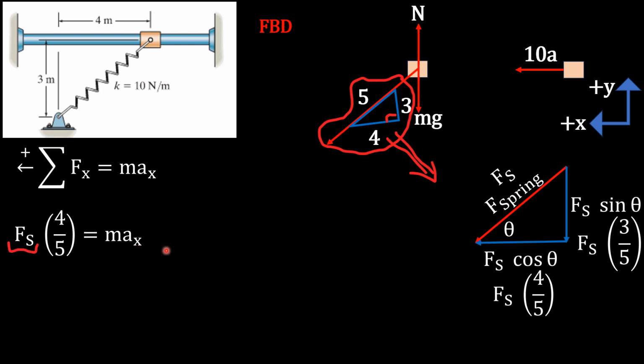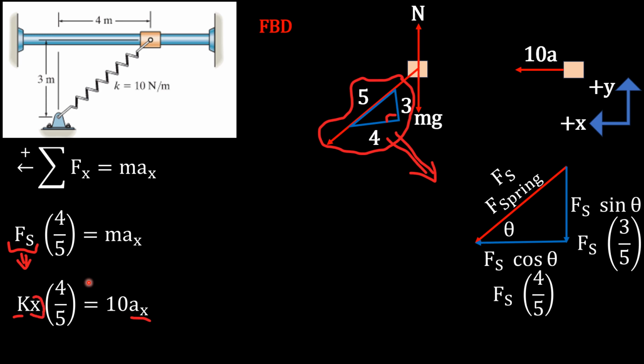Now, the force of the spring, from Hooke's law, is the spring constant times the change in the spring's original length, whether stretching or compressing it. So in here, we know what our k value is. Our goal is to find the acceleration in the x direction.